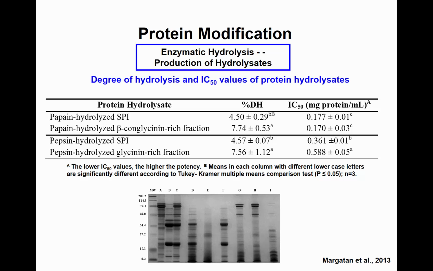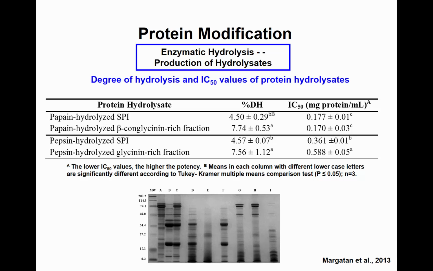So some other researchers thought, okay, we isolate beta-conglycinin, we hydrolyze it, and we get our potent peptides. But this is not really feasible in industry. So you want to isolate soy protein and then go back and isolate beta-conglycinin and then hydrolyze, an additional step.